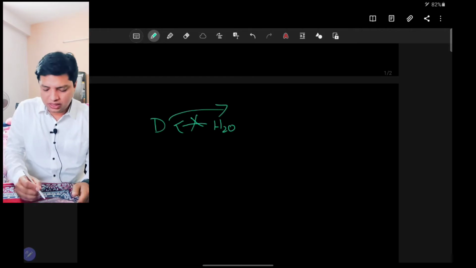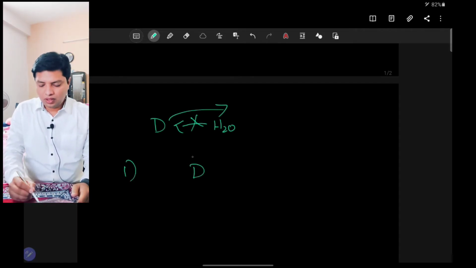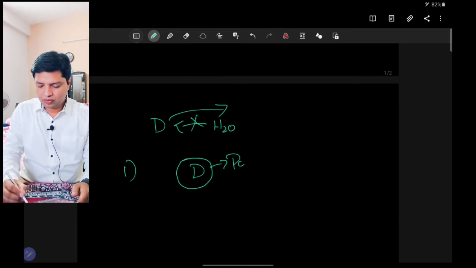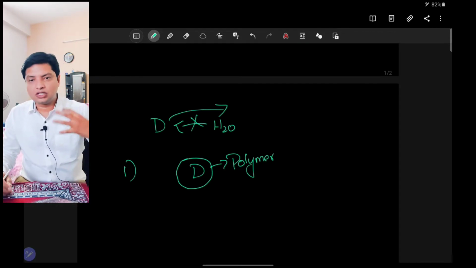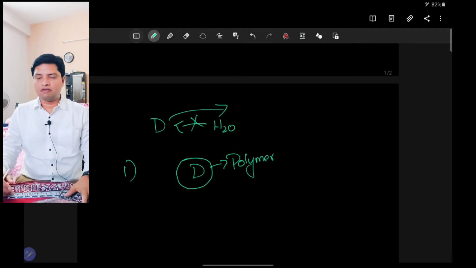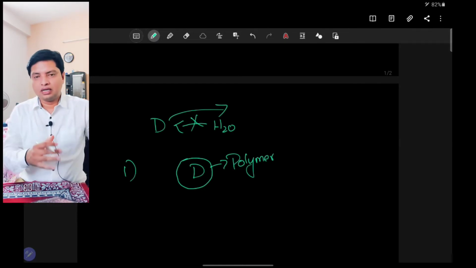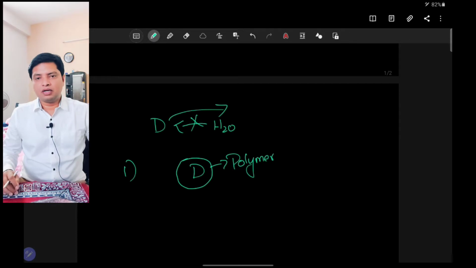So how can I do this? Number one, take the drug and coat it with a polymer which has less solubility, or which dissolves slowly in the presence of water. So what happens here?